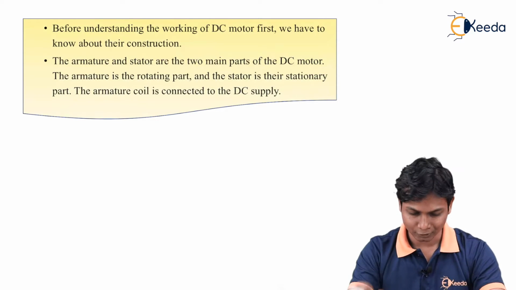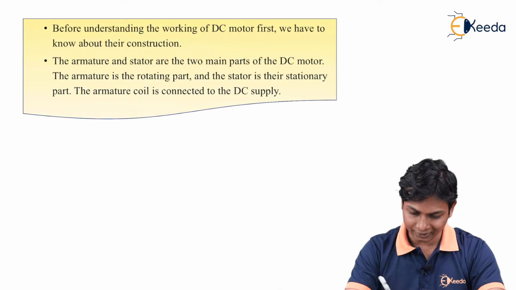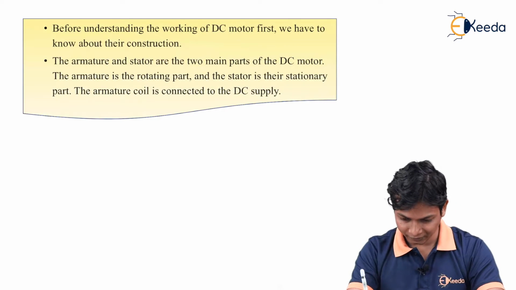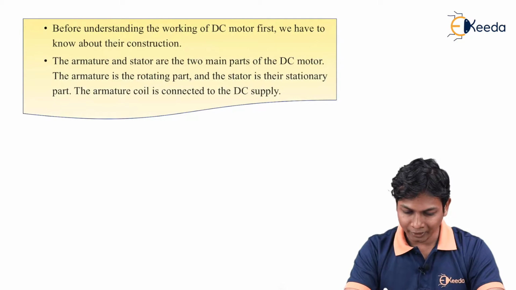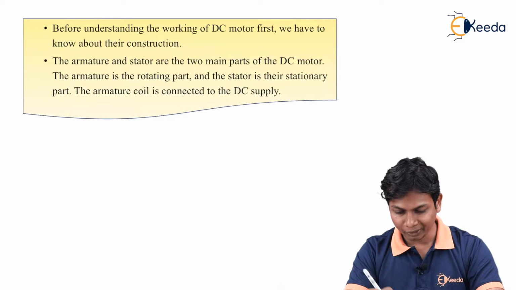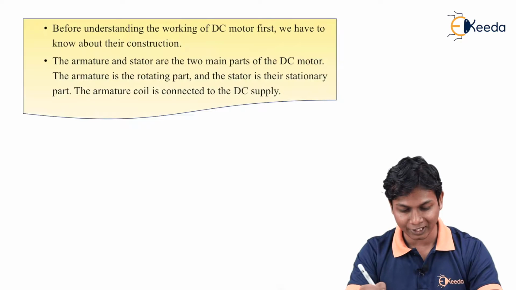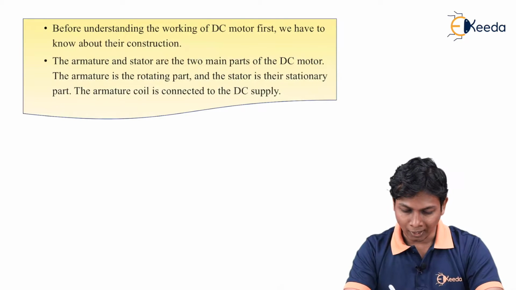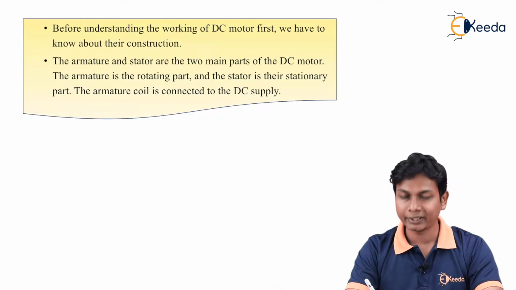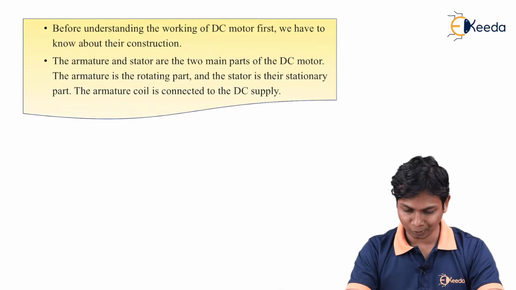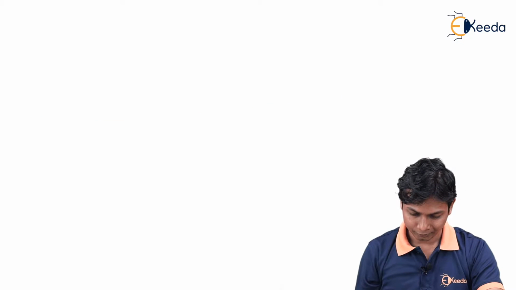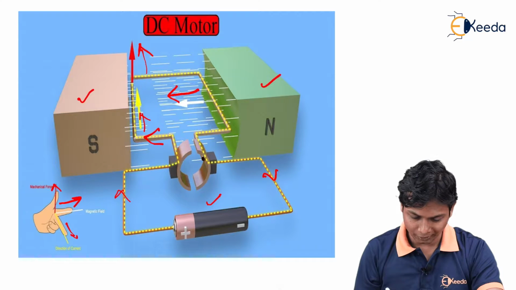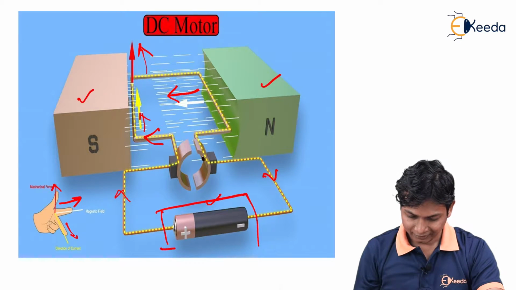Let's see in detail. The armature and stator are two main parts of a DC motor. The armature is the rotating part and the stator, as I said earlier, is the stationary part. The armature coil is connected to the DC supply. See here, the armature coil is connected to the DC supply.